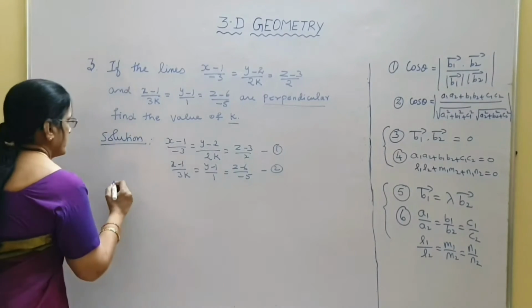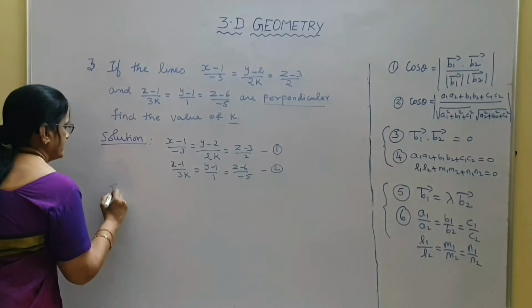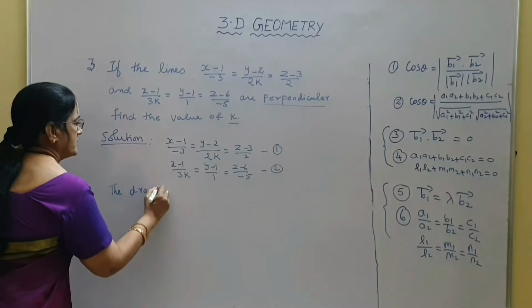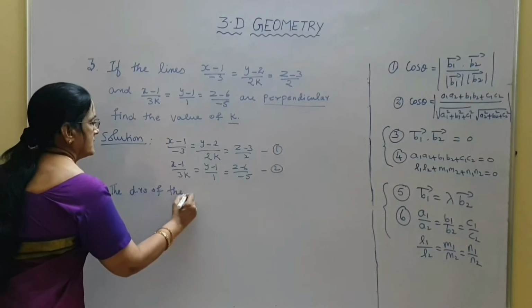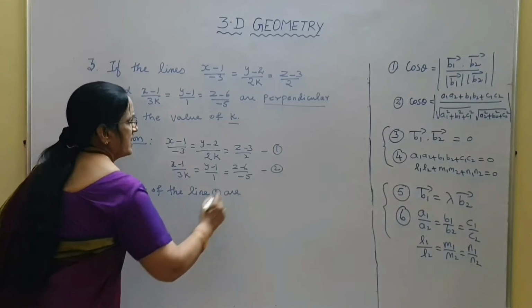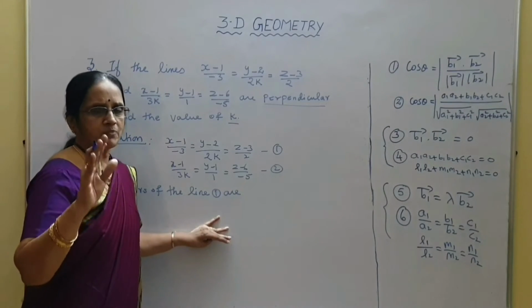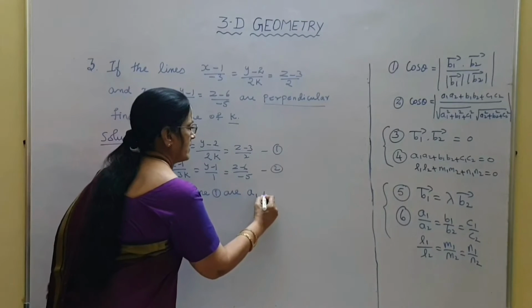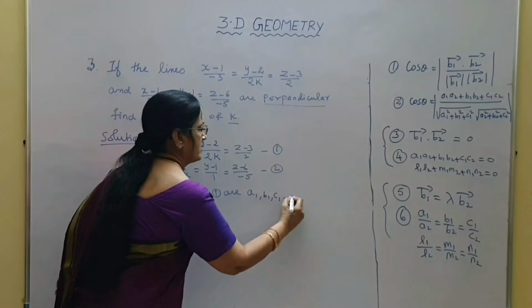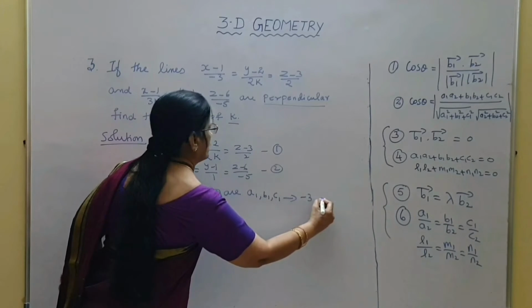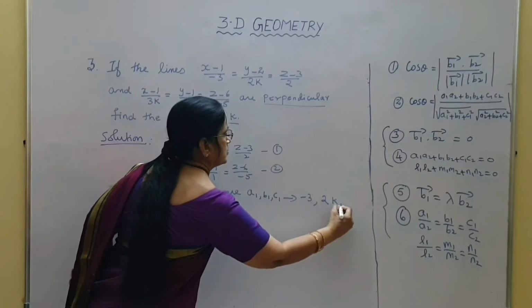Okay. So the DRs, that is the direction ratios of the line 1 are, normally we take it as A1, B1, C1. So let us use the same notation, A1, B1, C1, which is nothing but −3, 2k, 2.